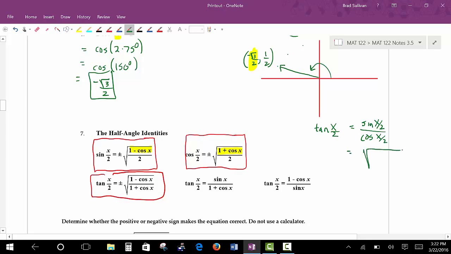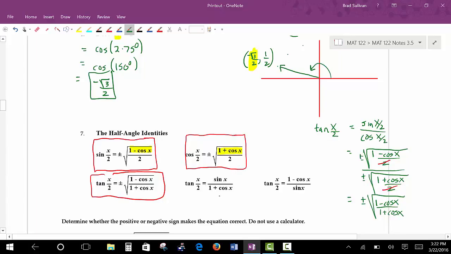So if you put this together, you would have plus or minus the square root of (1 minus cosine x over 2) for the sine, over plus or minus the square root of (1 plus cosine x over 2). And one thing you can see is that those 2s cross out. So what you're left with is just plus or minus the square root of (1 minus cosine x) over (1 plus cosine x). So it's actually very easy to derive those two things right there.